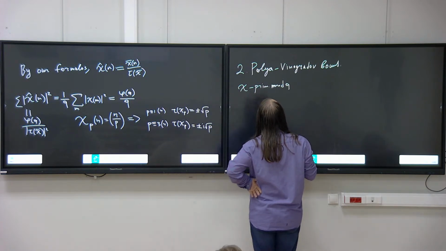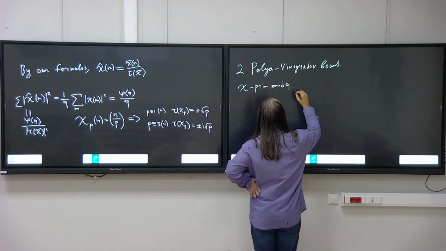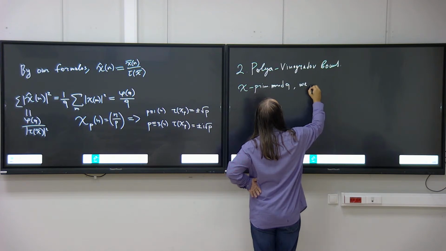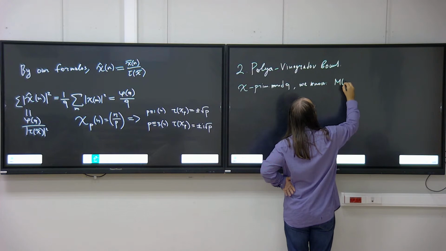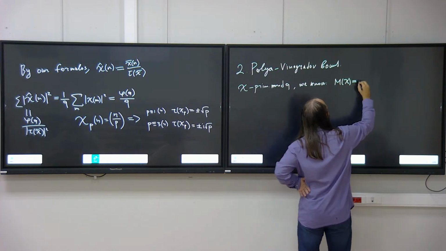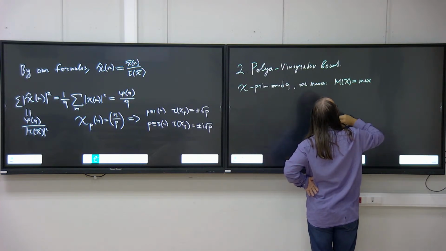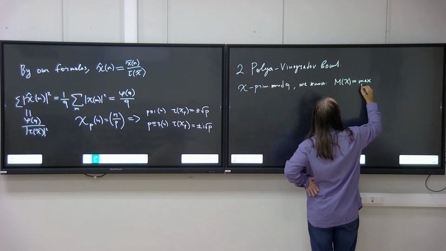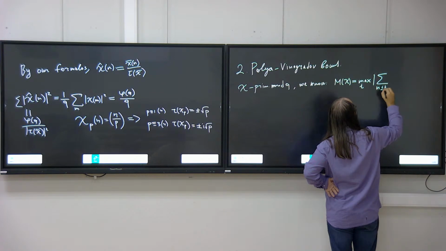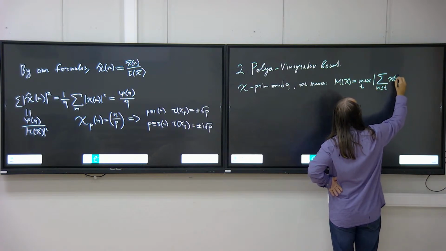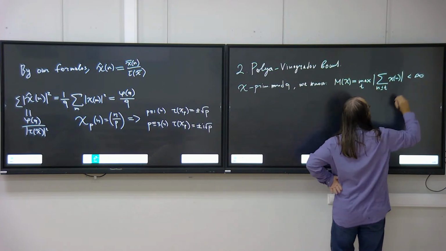and what do we want? We know the following fact, that M of chi, which is the maximum over all t of the absolute value of the sum over all n less than or equal to t of chi of n, is finite, right?